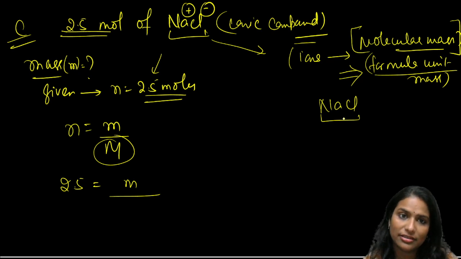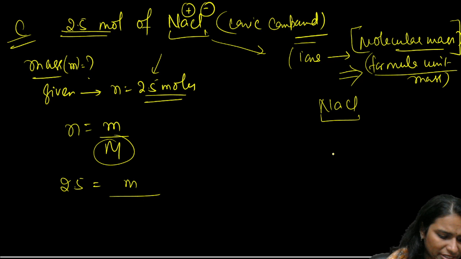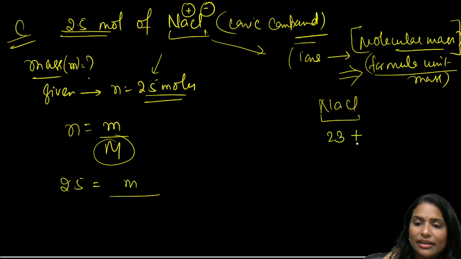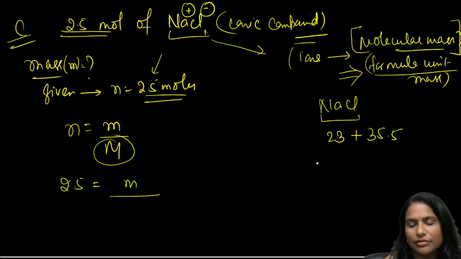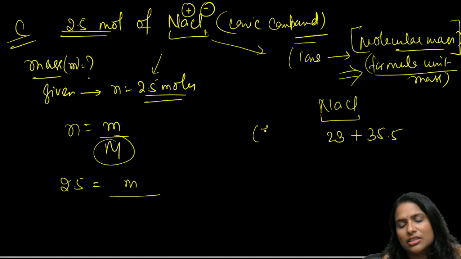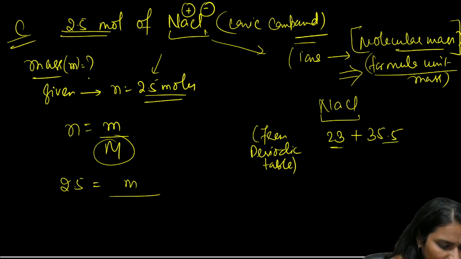For this again there is a use of the periodic table. The mass of a sodium atom is 23, right? And for a chlorine atom it is 35.5. These masses you can learn from the periodic table. 23 plus 35.5, is it clear?